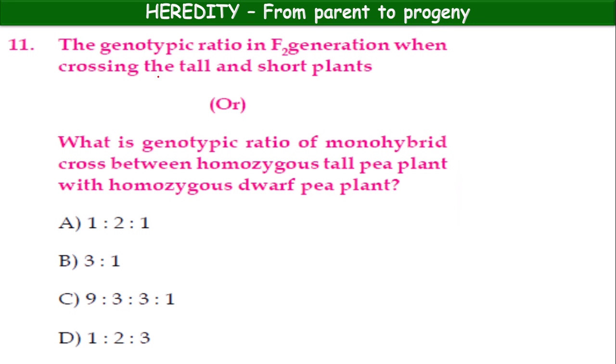Next, the genotypic ratio in the F2 generation when crossing the tall and dwarf plants, or what is the genotypic ratio of the monohybrid cross between homozygous tall pea plant with a homozygous dwarf pea plant, capital T capital T, small t small t.